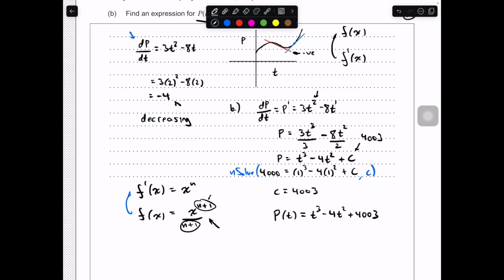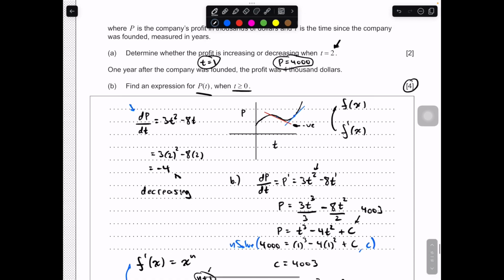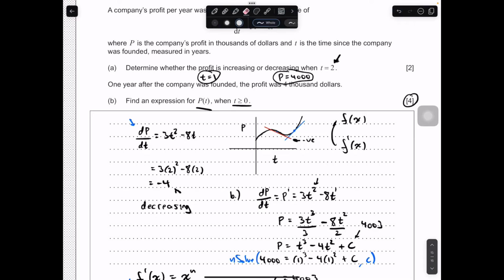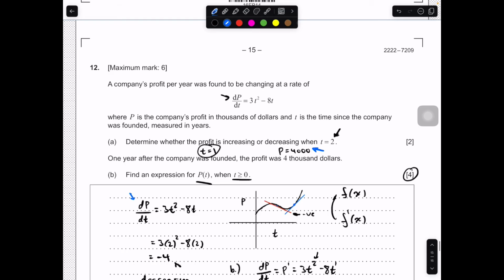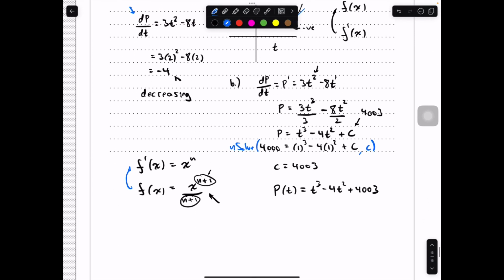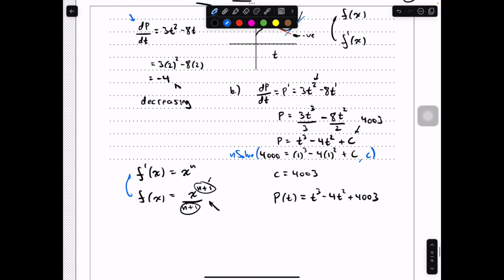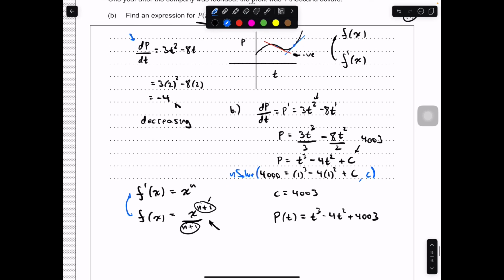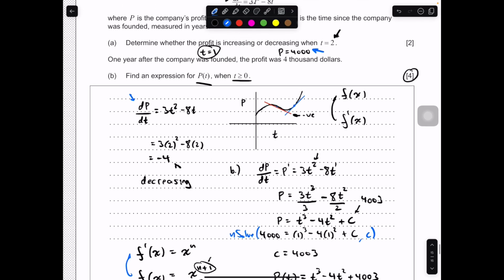I see. Okay, I was wondering, I thought this was rather peculiar, but this is my mistake looking at this. I wrote p is equal to 4,000 here. This is a danger of close reading. This value seemed a little strange, that our value of c was so close to the original value of 4,000.